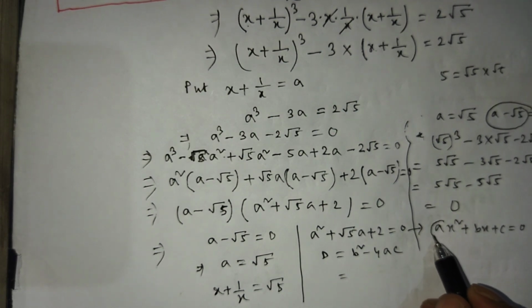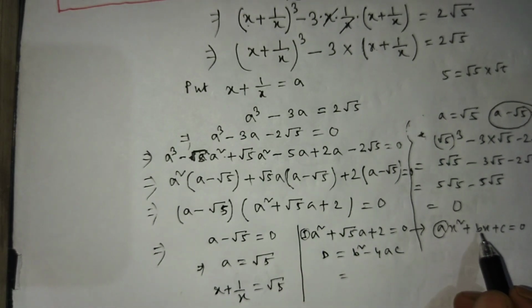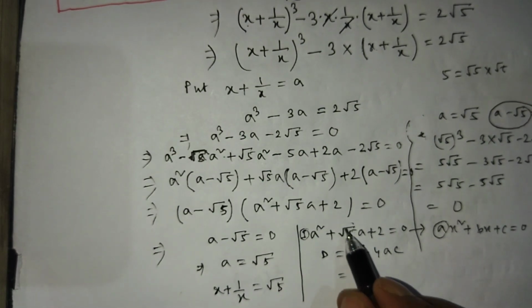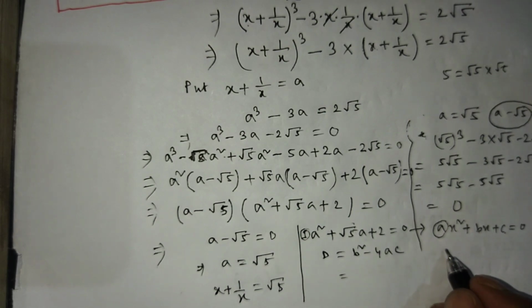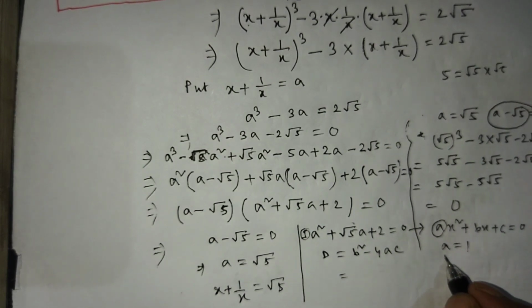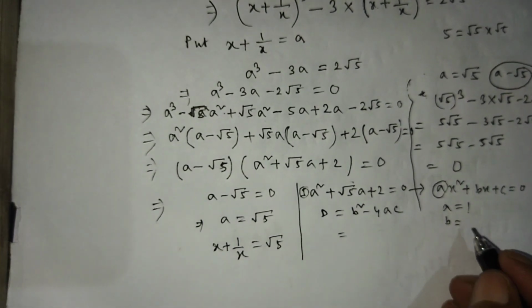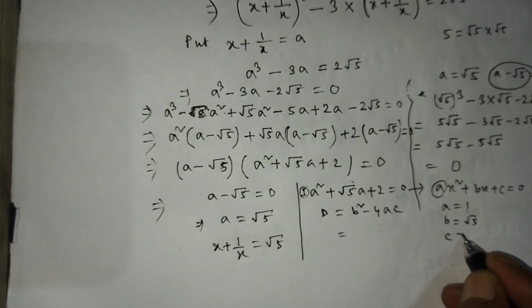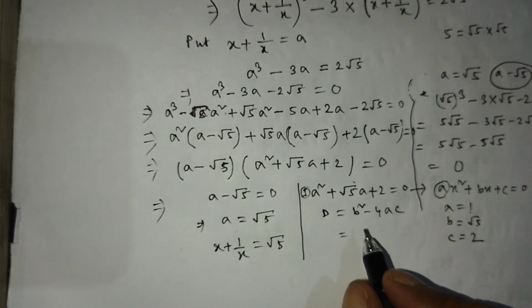So in the place of a, here is no number, that means 1 is present. Okay. So in the place of b there is root 5, and in the place of c here is 2. So a means 1, b means root 5, and c is equal to 2. So we have to put these values in this equation.